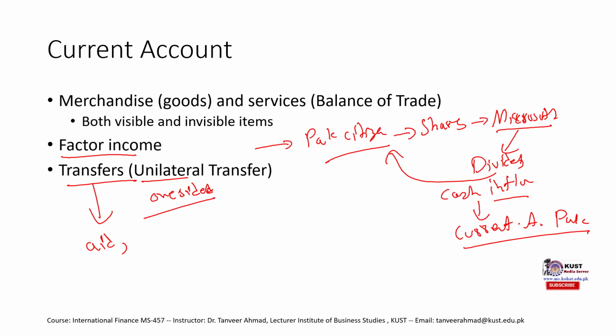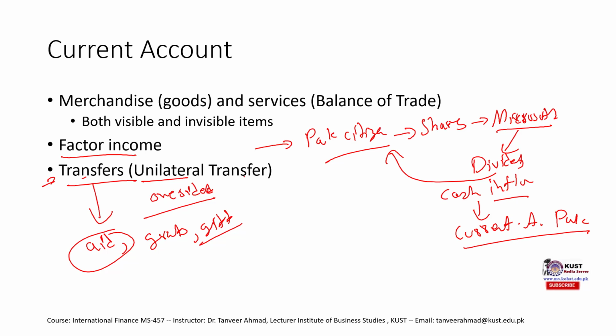So for example, if there was an earthquake in our country and foreign governments paid some aid, then that aid would be recorded in transfers. Then there are some grants, scholarships, and some gifts paid to delegates that visit foreign countries. These gifts or grants or aids are recorded in transfers.